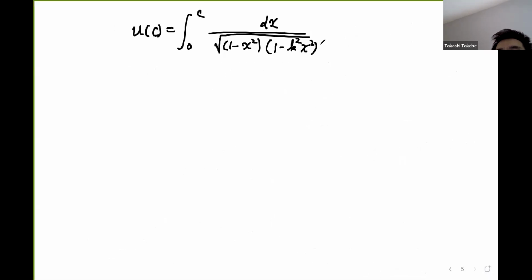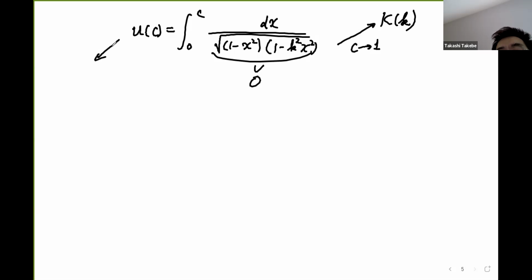Since it's positive, the integrand is positive, it is an increasing function, and when c goes to 1, this is K. And when c goes to 0, of course, it is 0.